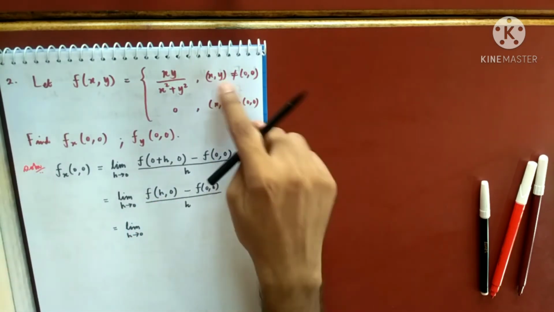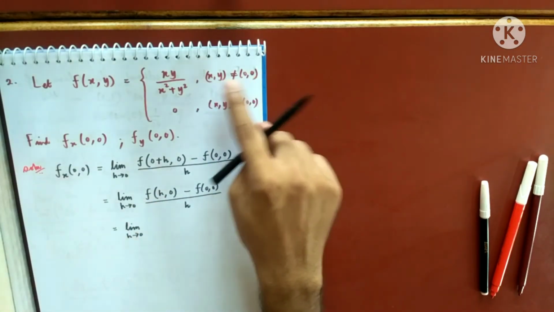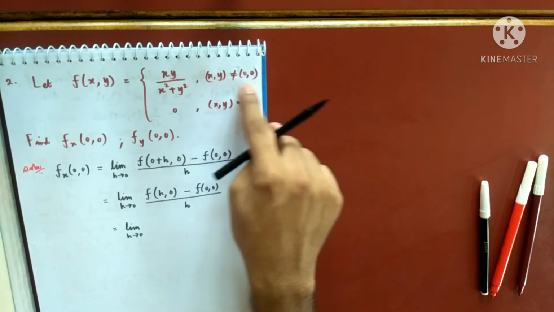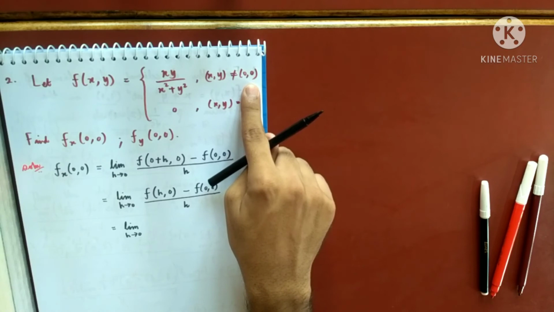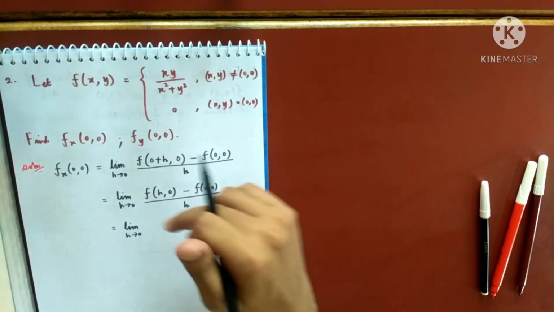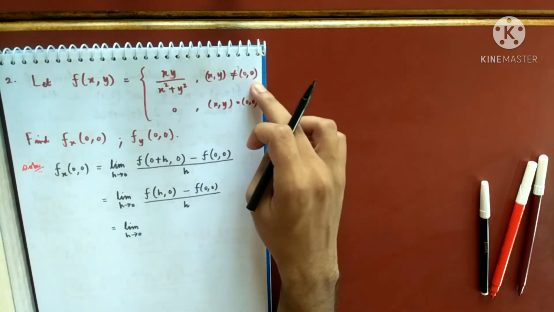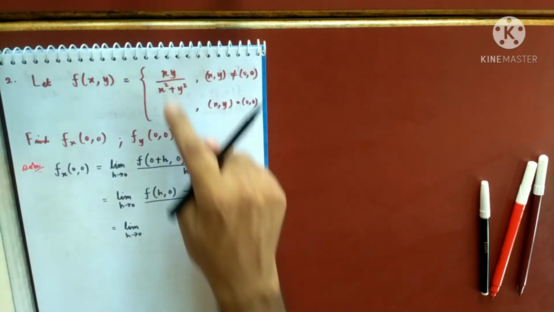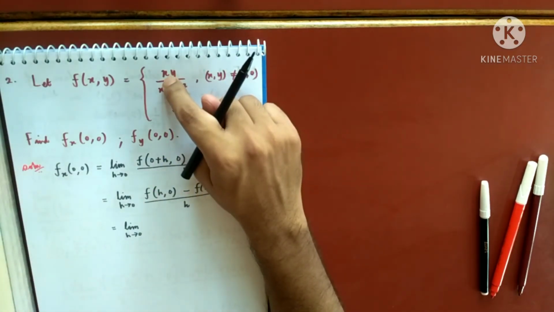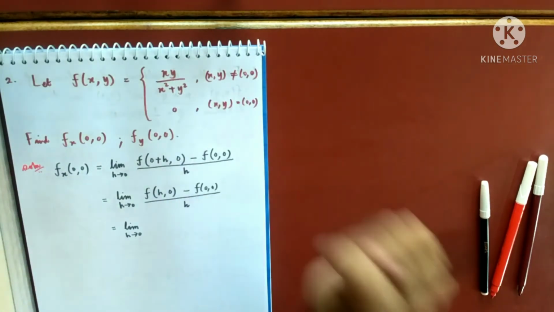So this condition is satisfied that they are not both 0. So at least one of them is not 0, they are not the same as 0 comma 0. So this condition is satisfied. What I will do, I'll put here x equals h and y equals 0.